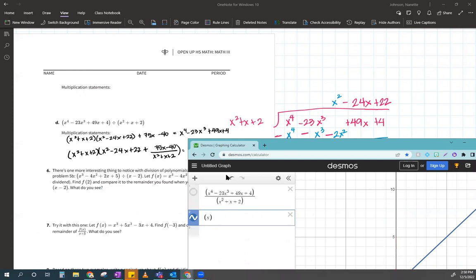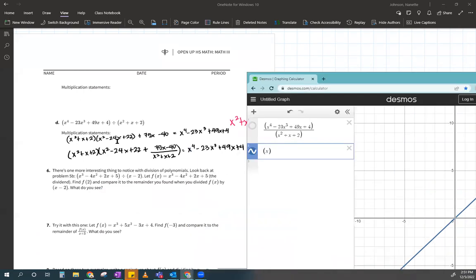I'm just going to turn this off for just a second. I really want to write out these statements and make sure that they're accurate. So I'm going to go x squared plus x plus 2, close open parentheses. Oops. This is funny right here, sorry.